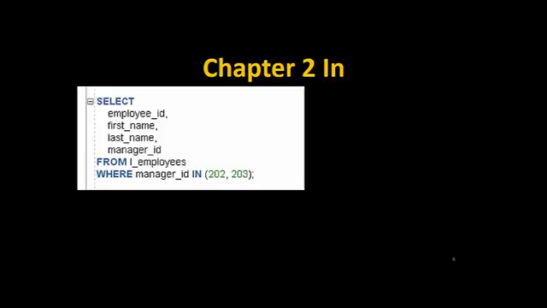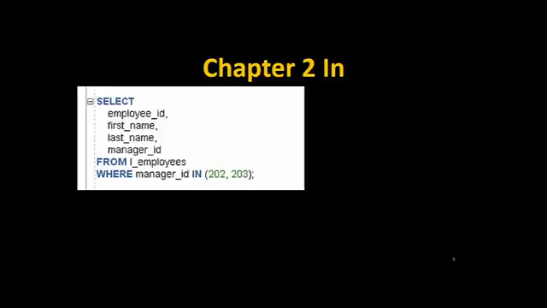We could go 202, 203, 317, 201, 419. And if that number showed up in our scan under manager ID, it would report it. So the numbers that are included under your IN clause can be in any order, any sequence, you want them to be in.